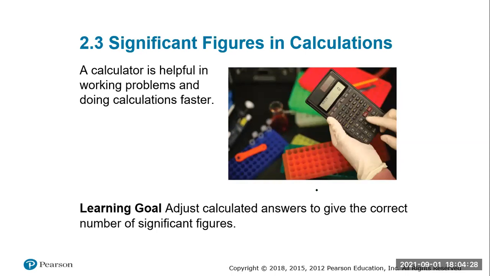When we use a calculator, by the way, it doesn't always give us the answer in the correct number of significant figures. But basically, when we do calculations, there are really two operations that we use: multiplying and dividing.